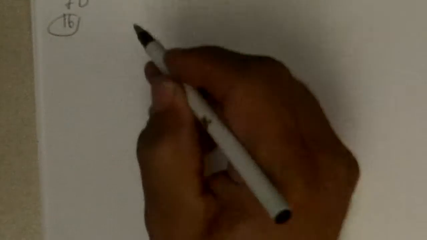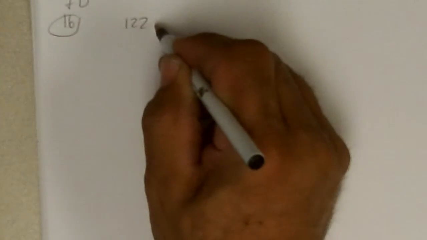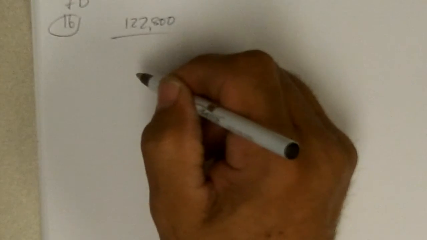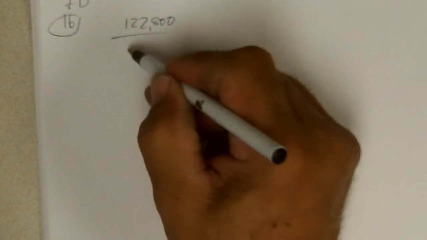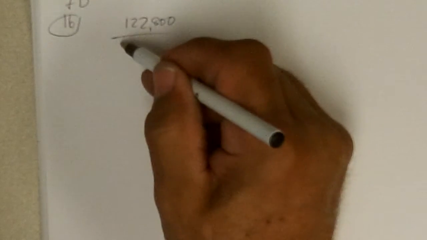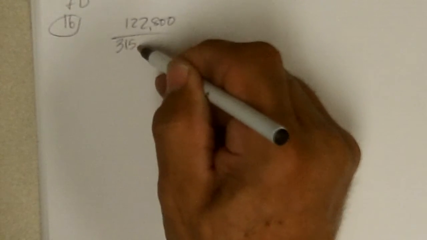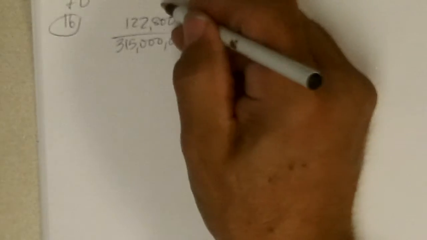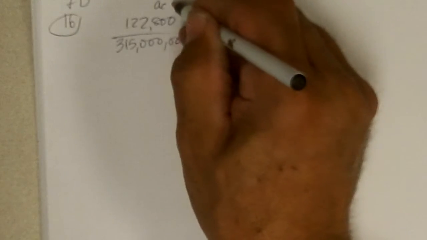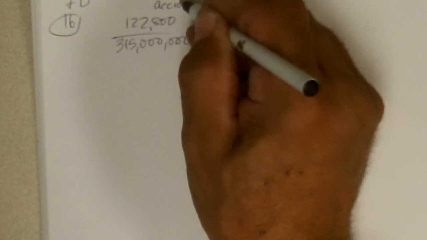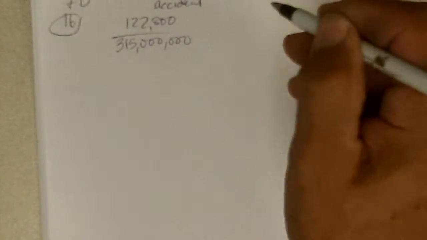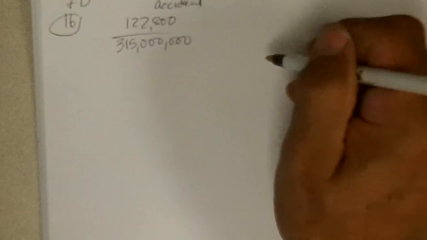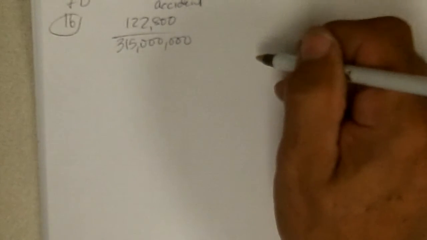Accident rate is 122,800 over 315 million people in the U.S. This is accident. And the other one was, we had to compare that to death by kidney disease.